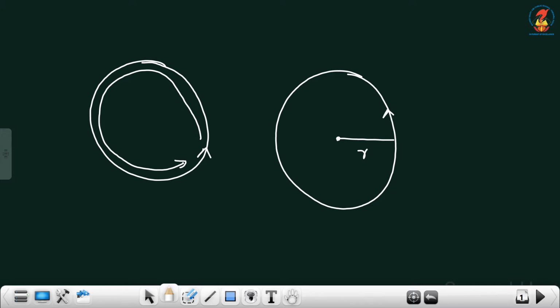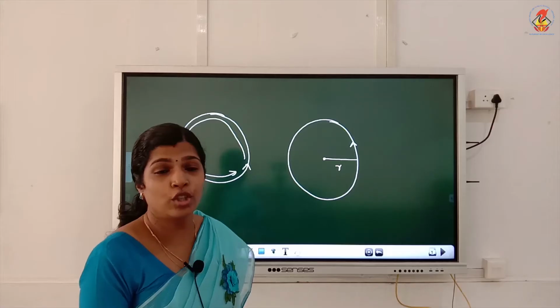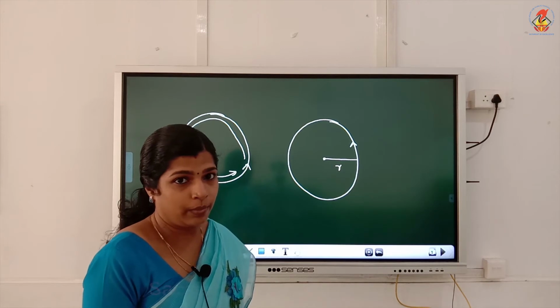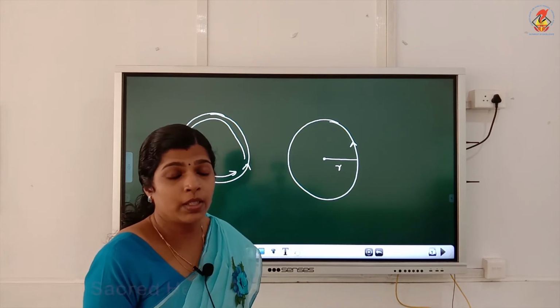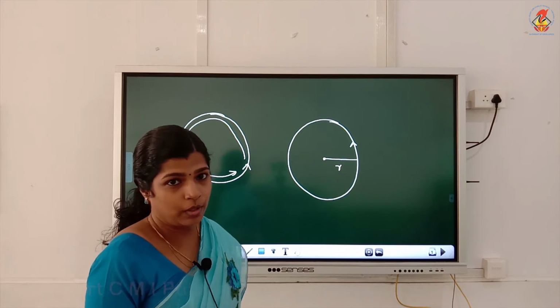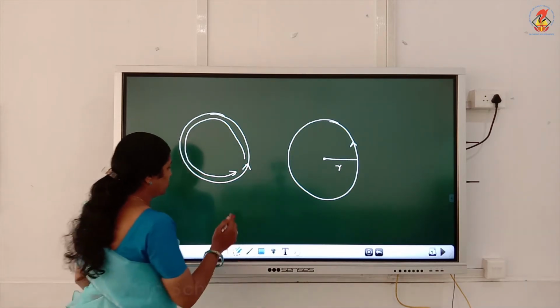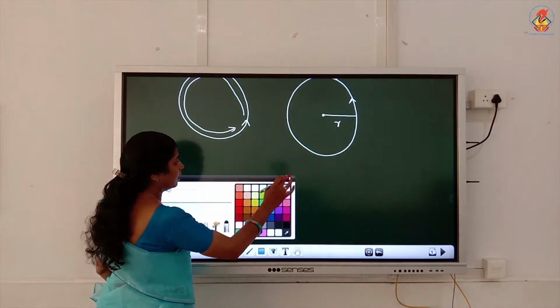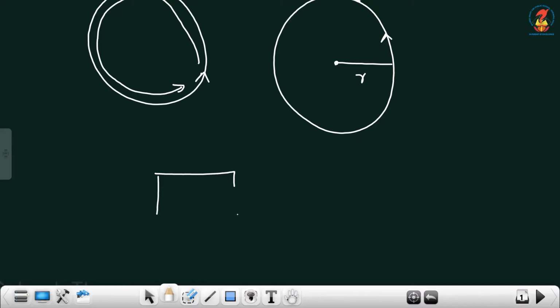Now, when an object is moving along a circular path with radius r, this object will change the direction of motion n number of times. Suppose you consider a rectangle.